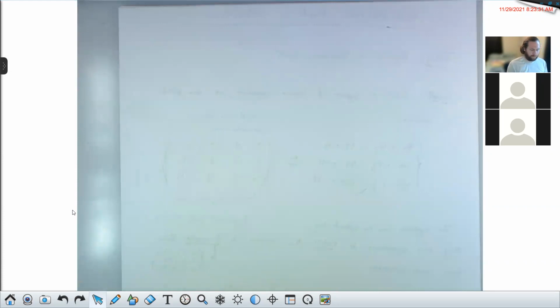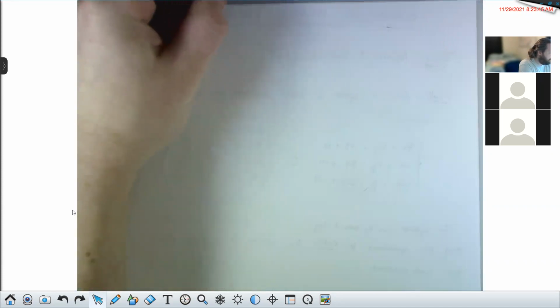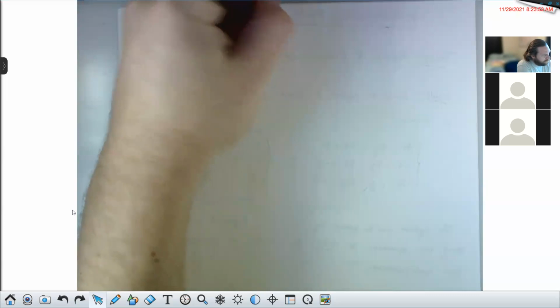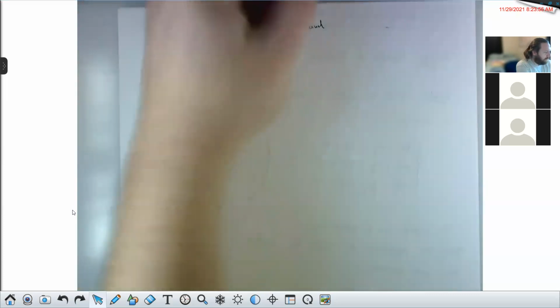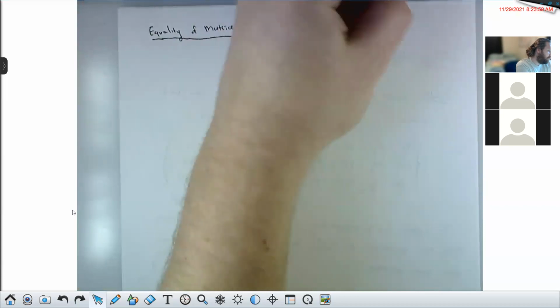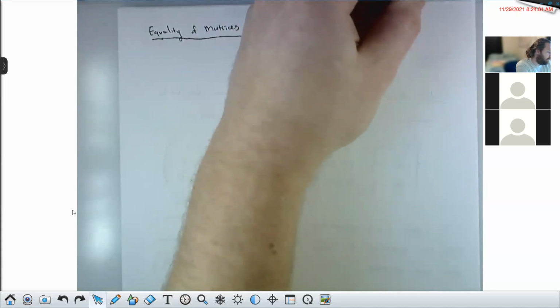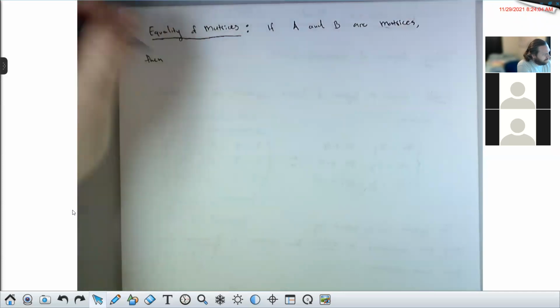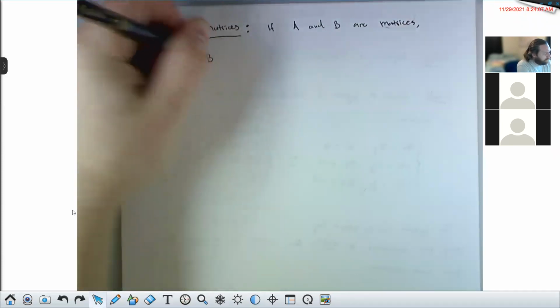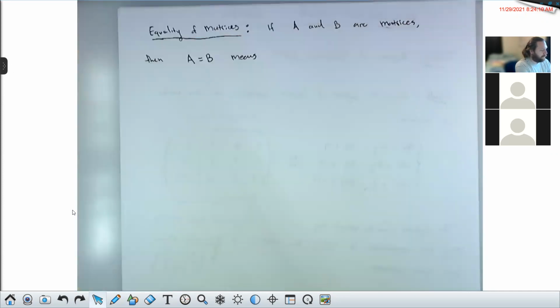Before we do that, I want to tell you what it means for two matrices to be equal. If capital A and capital B are matrices, then A equals B means two things.